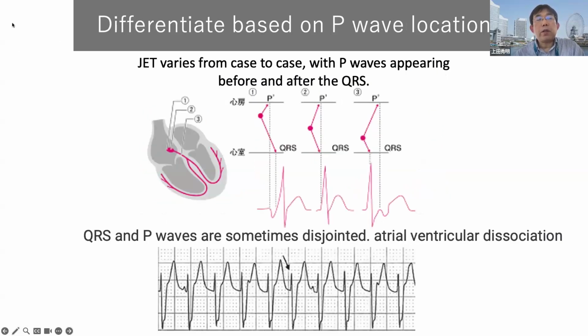This is another picture of P wave locations, which vary from case to case, with P waves appearing before and after the QRS. QRS and P wave are sometimes disjointed, which means atrioventricular dissociation would happen.